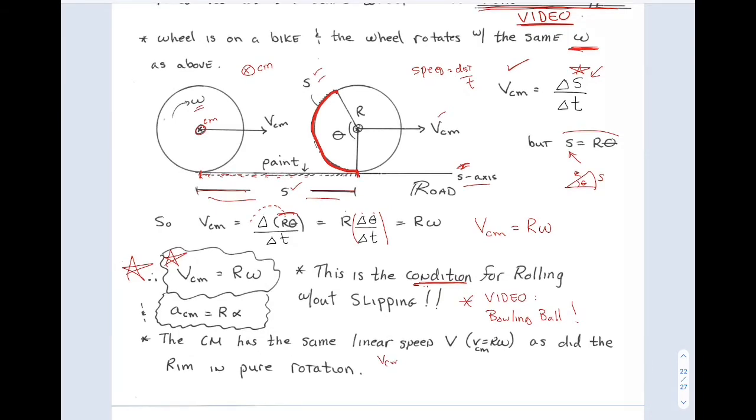If I divide both sides by delta t, velocity per time is acceleration, and on the right, omega per time is angular acceleration. So that's where this came from. This condition for rolling, V center of mass is r omega, also says that the acceleration of the center of mass is r alpha.